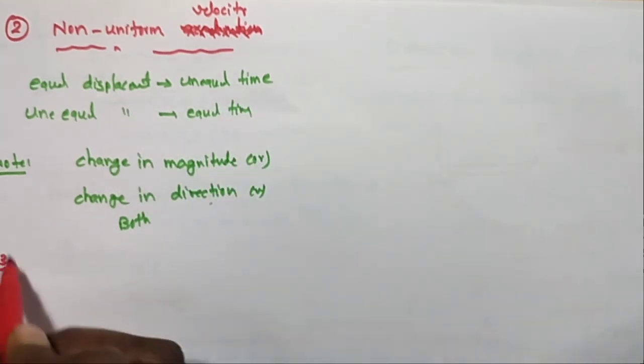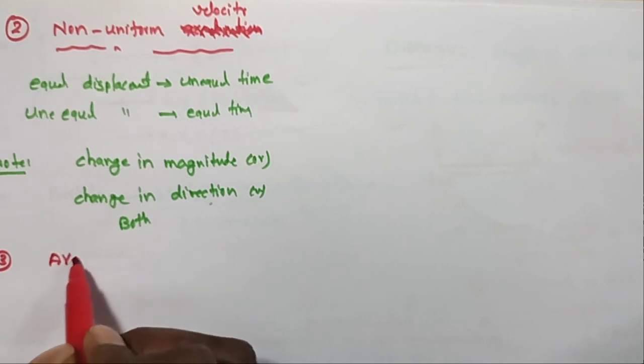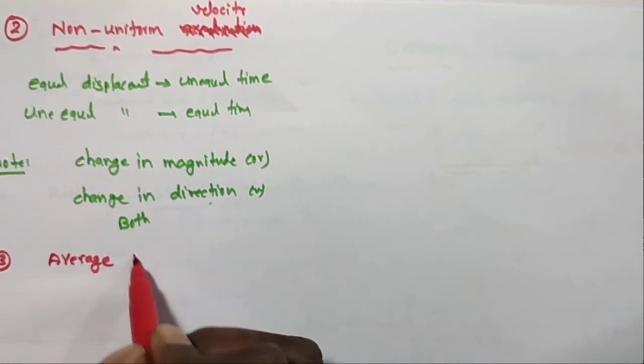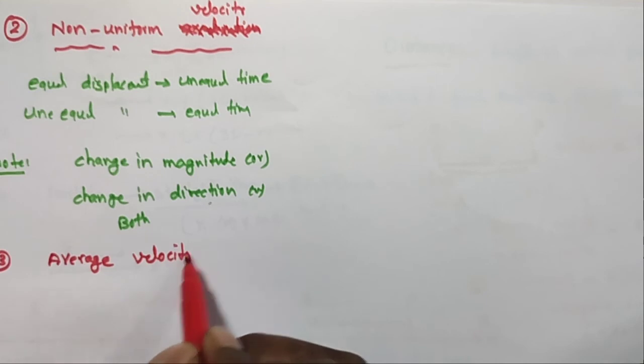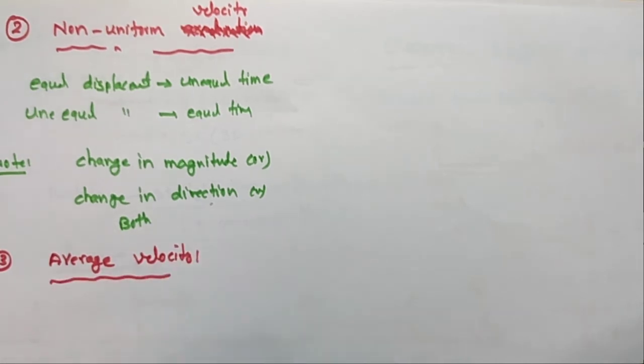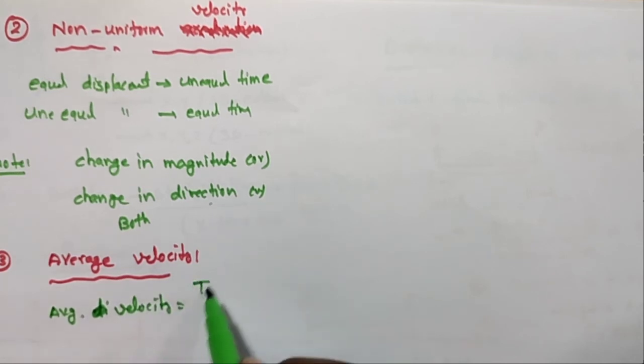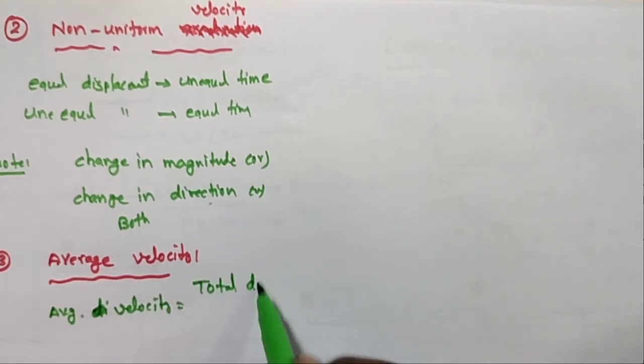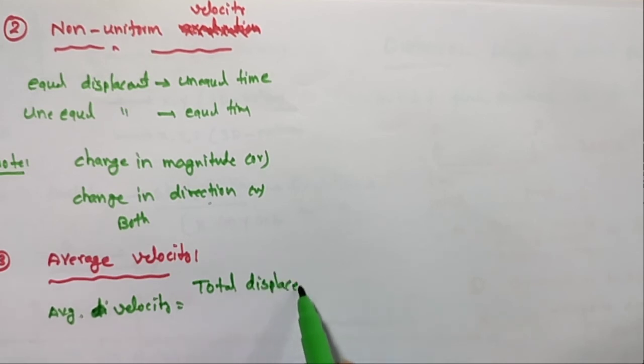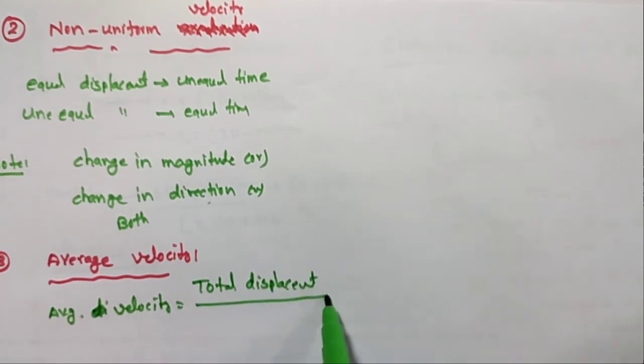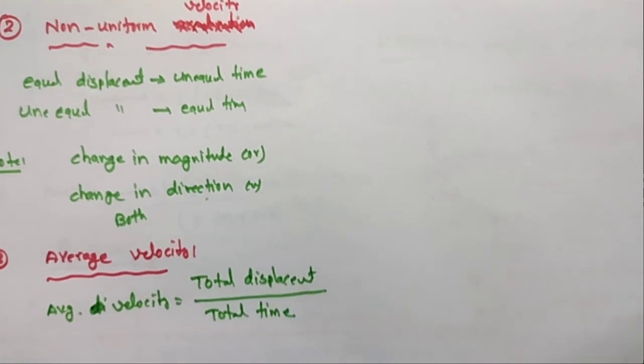And the third one, average velocity. Average velocity is the same thing as average speed. Average velocity is equal to total displacement by total time.